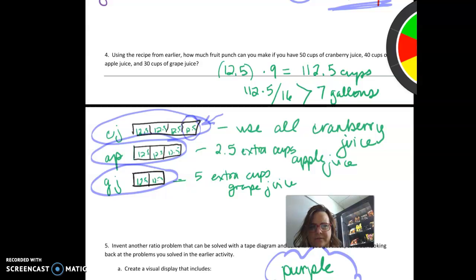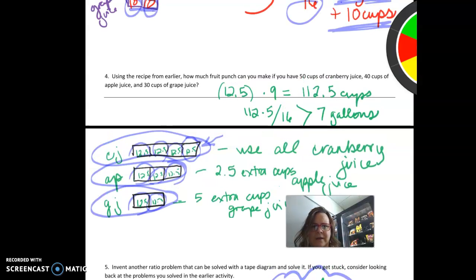So I know all of these values now in all of these diagrams would be 12.5. And so my question then would be, now that I have 40 cups of apple juice and 30 cups of grape juice as well, what do I have? Well, there's different ways you could have done this, but I wanted to use all the cranberry juice. And so that's how I arrived at the 12.5 for each of these sections.